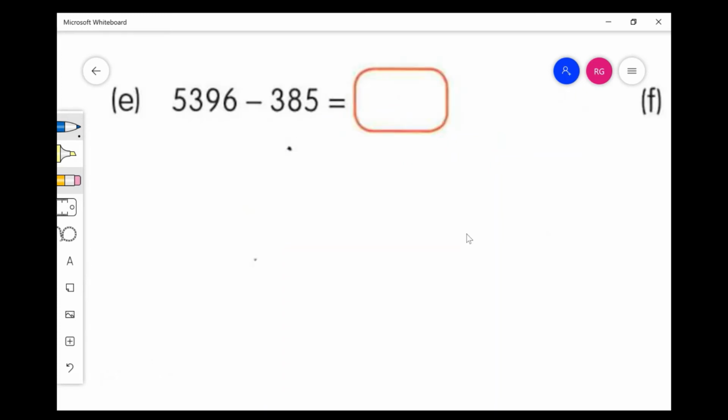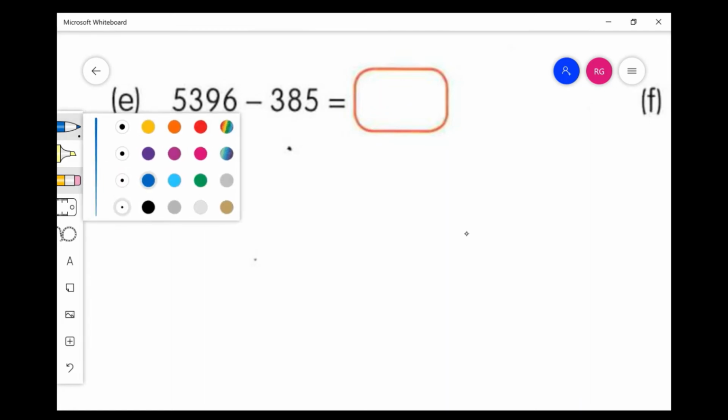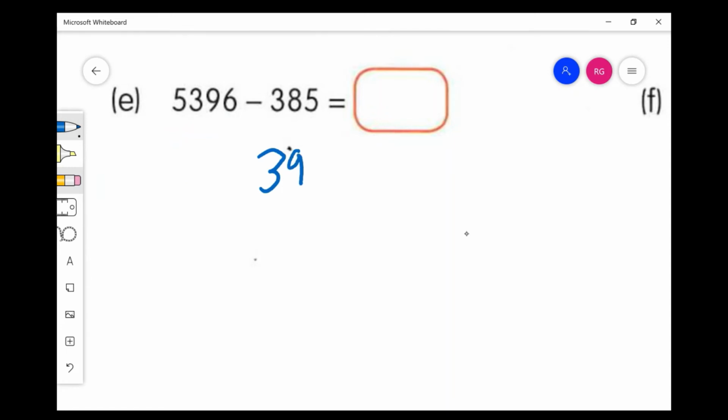Okay, next we're here on E, and it says 5,396 minus 385. For this one, I just take 396 minus 385.